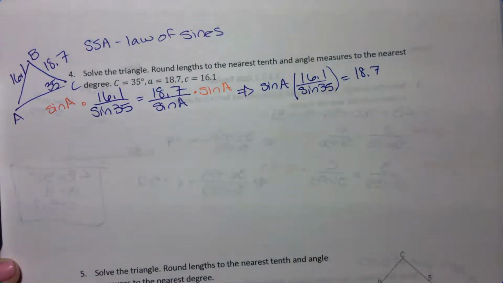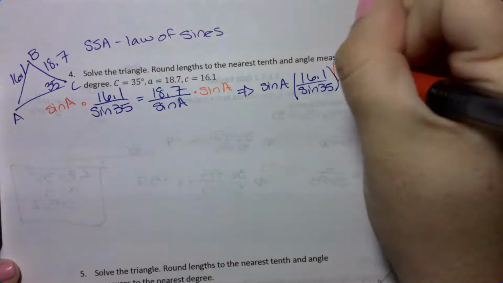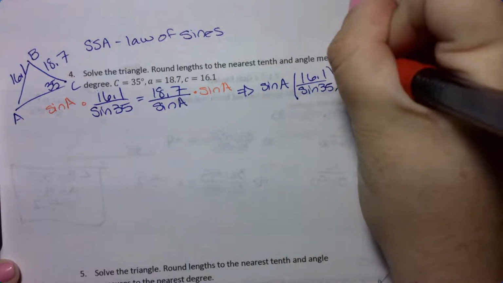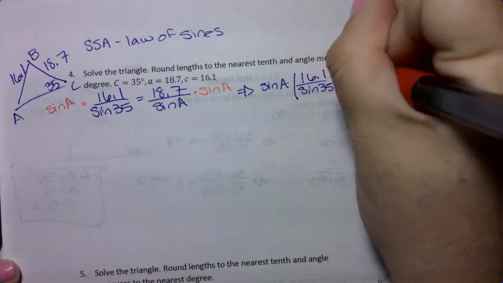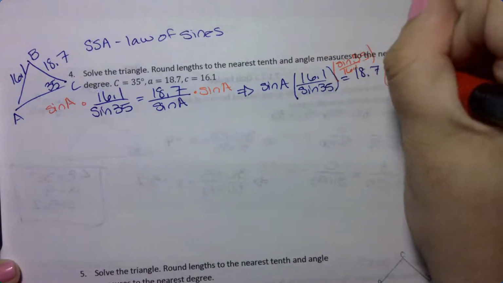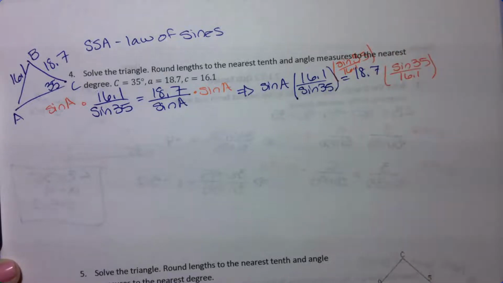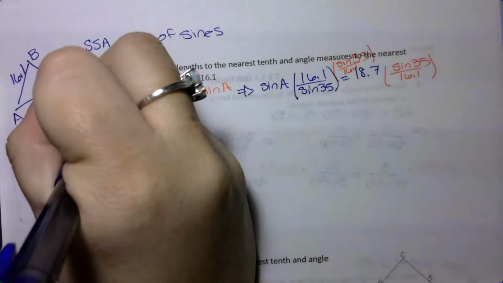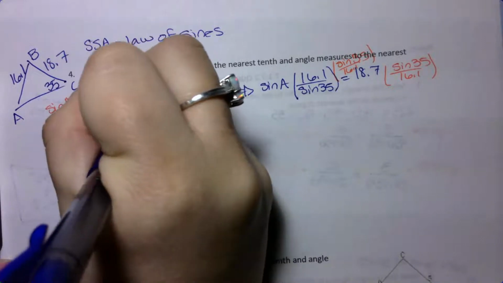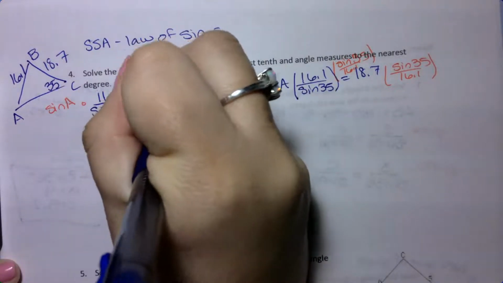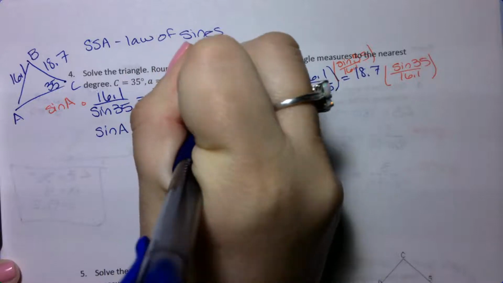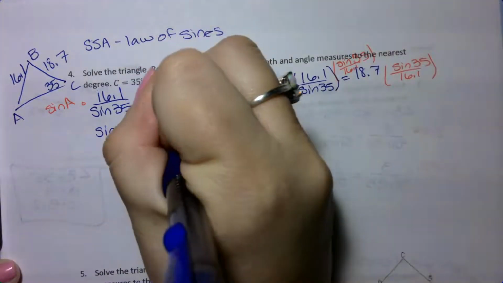And then I want to get rid of this fraction, so I'm going to multiply by the reciprocal on both sides. On my left side, I'm just left with sine of A. And then I have 18.7 sine of 35 over 16.1.